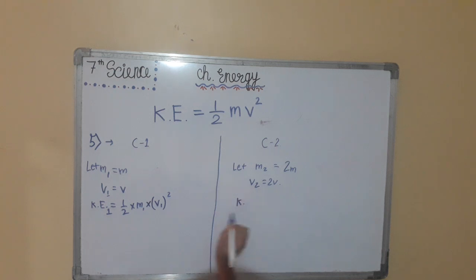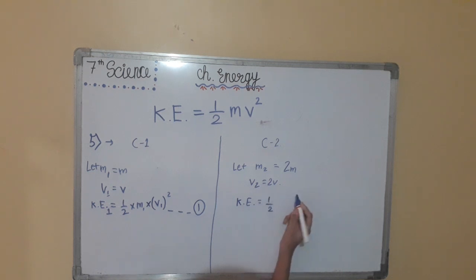This is equation 1. Here, kinetic energy 2 is equal to half into m2 into velocity 2 square.